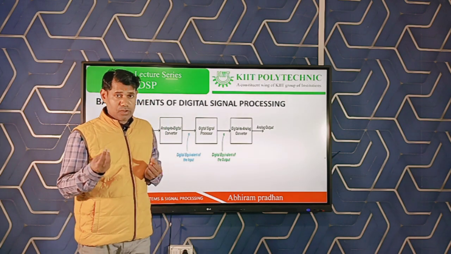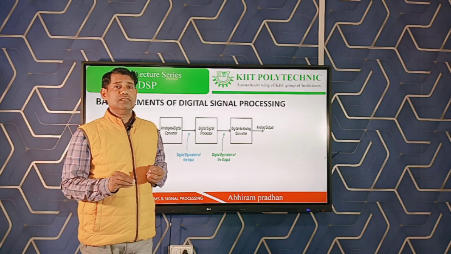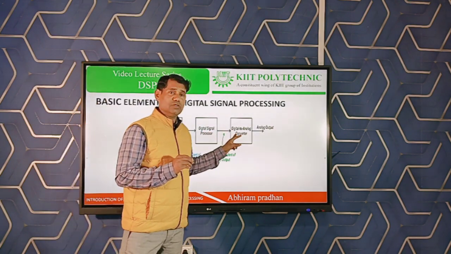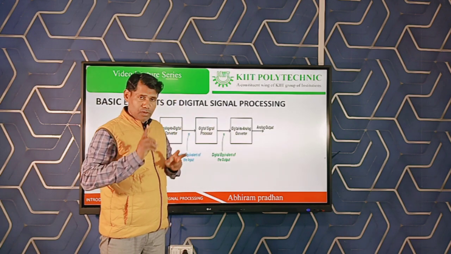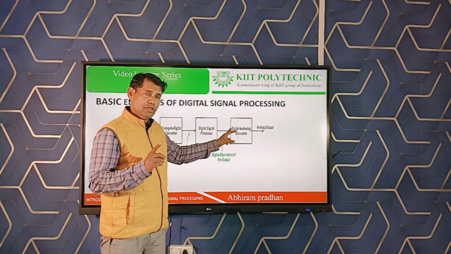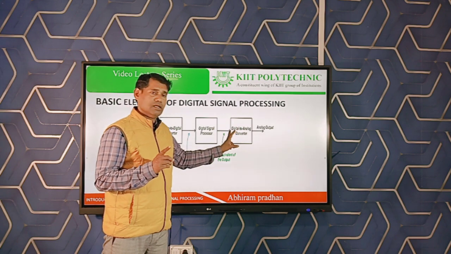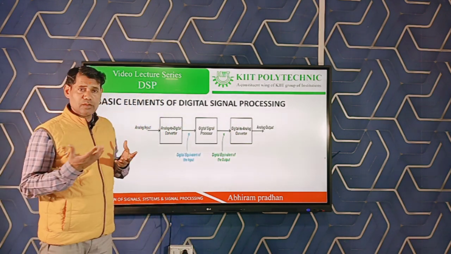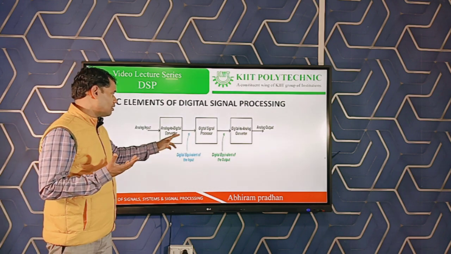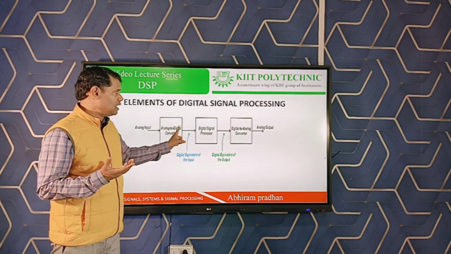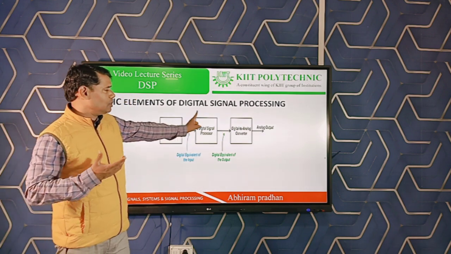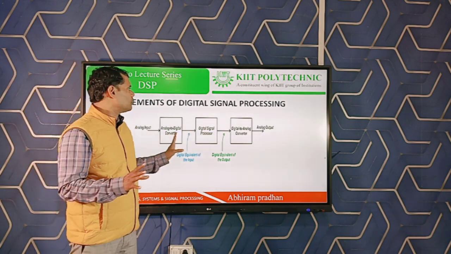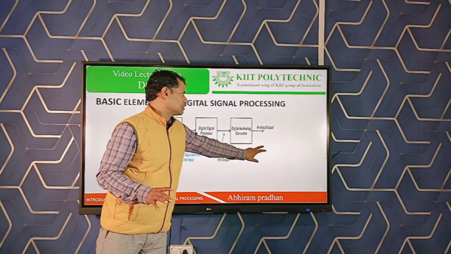Whenever it is converted to an analog signal, only then can we understand the data. That's why a DAC is required. So the minimum elements: DAC, the digital to analog converter, will also be required. So the basic components of digital signal processing are the analog to digital converter, ADC, and the DAC, and in between them the digital signal processor. These are the basic elements of digital signal processing.